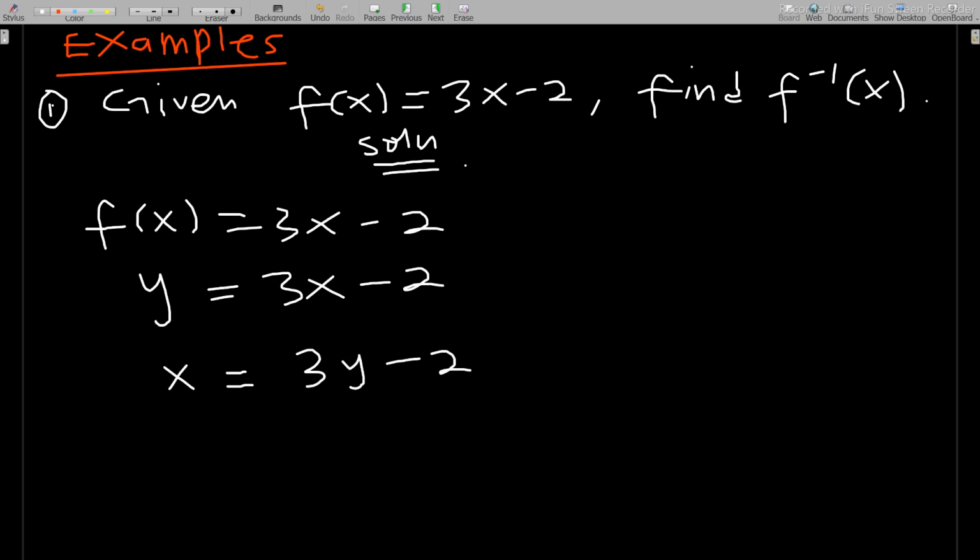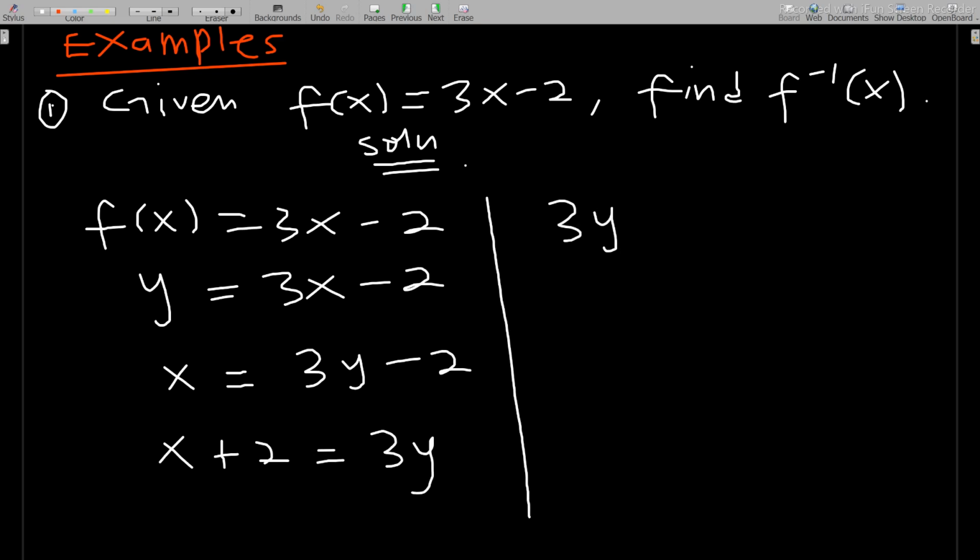Then the next step is to make y the subject from this. I can group like terms. I can take the negative 2 to the x part, so it becomes x plus 2, so that I'll be left with only y on one side. Now I can rewrite it like this: 3y is equal to x plus 2.